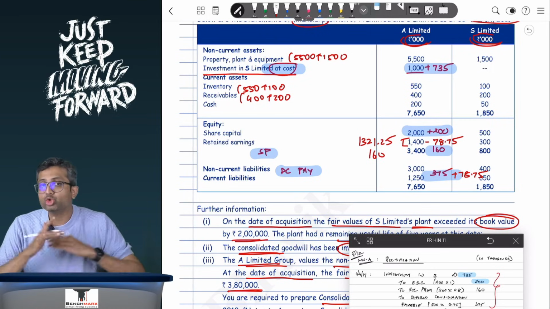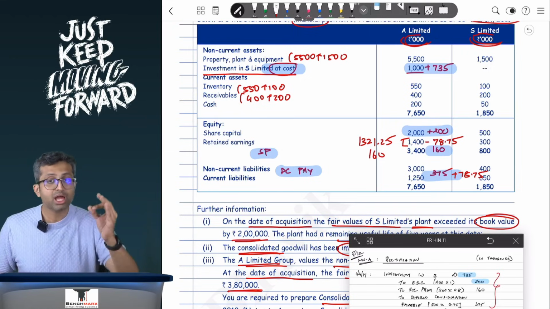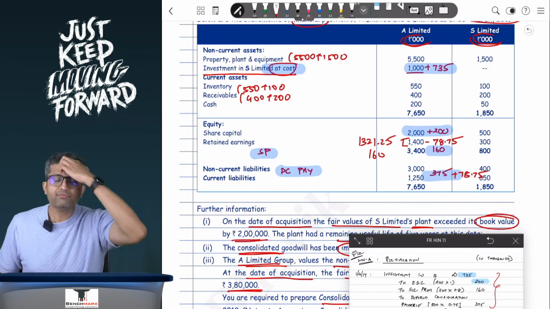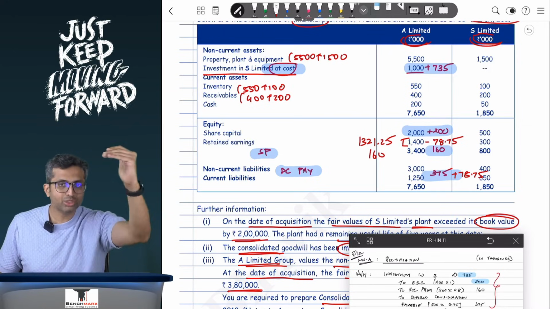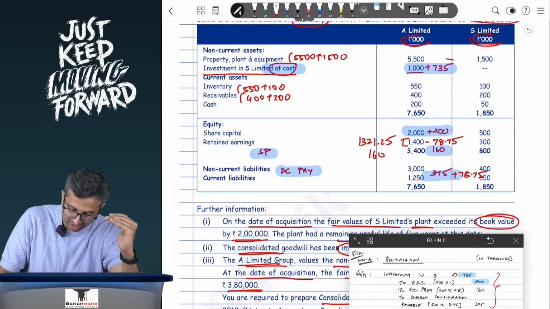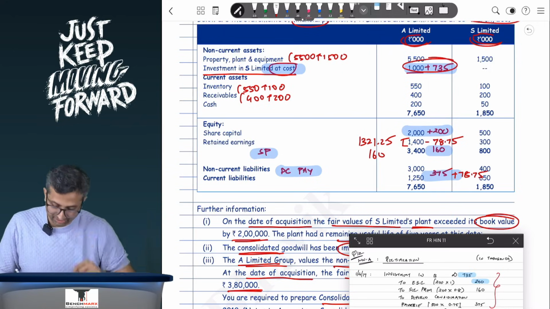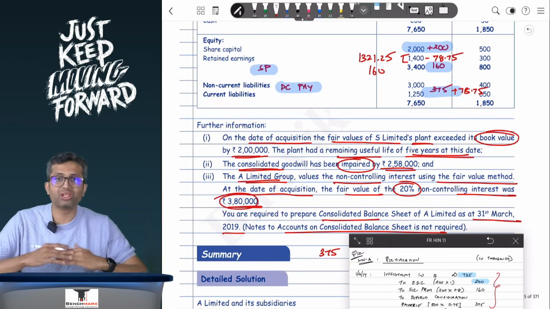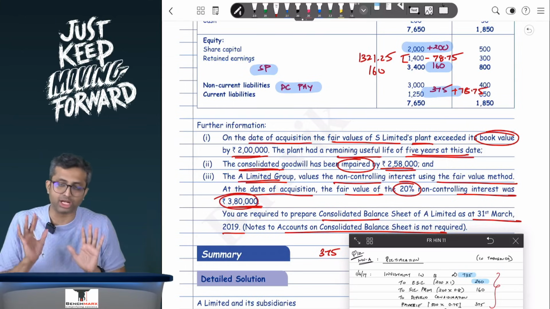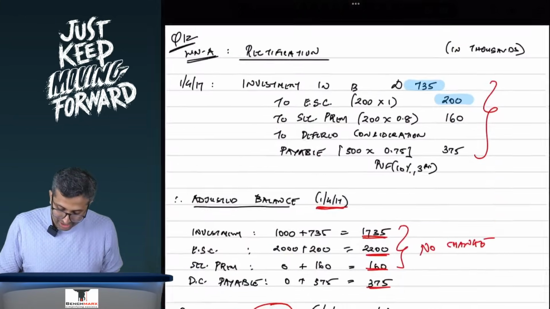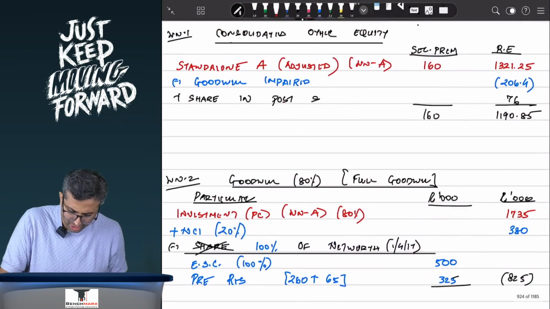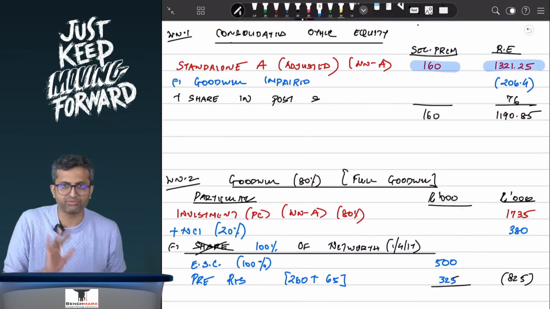Okay, there is no change up to this point. However, here there is NCI at fair value. If there is NCI at fair value, when you calculate the goodwill workings, you will take investment, that is 1735, plus NCI, that is 380, and then minus 100% of the net worth as on the date of acquisition. So when you look at this workings, this is your Schedule 3 balance sheet. Then you look at consolidated other equity, start with 160 and 1321.5, we have discussed that.